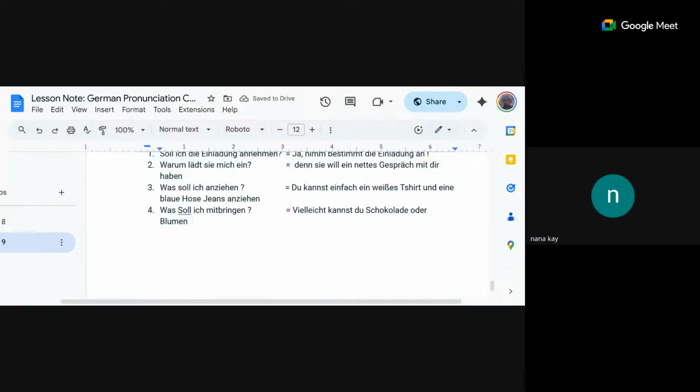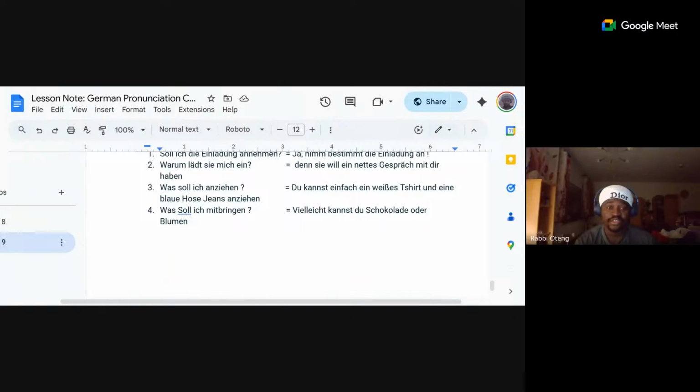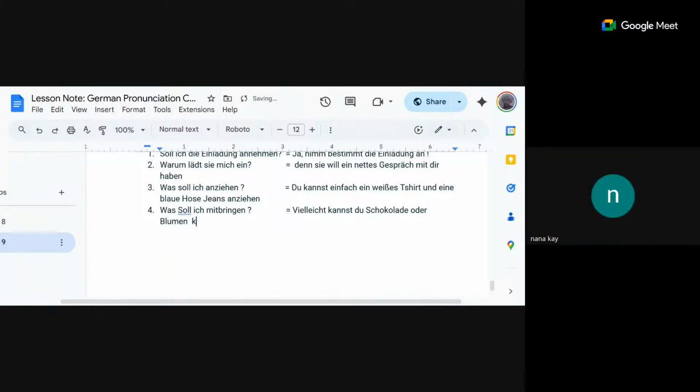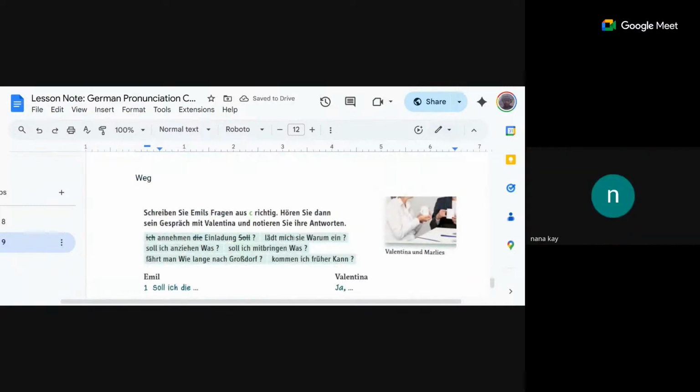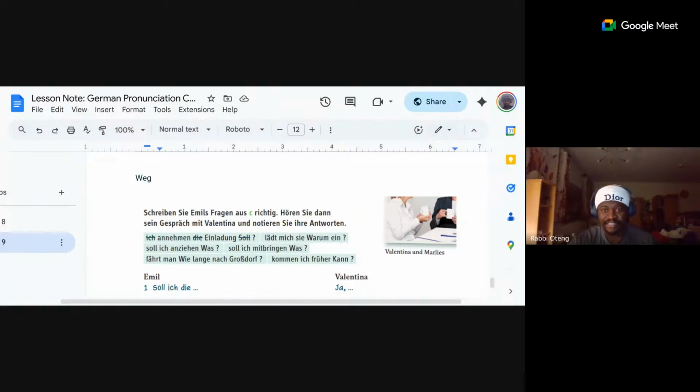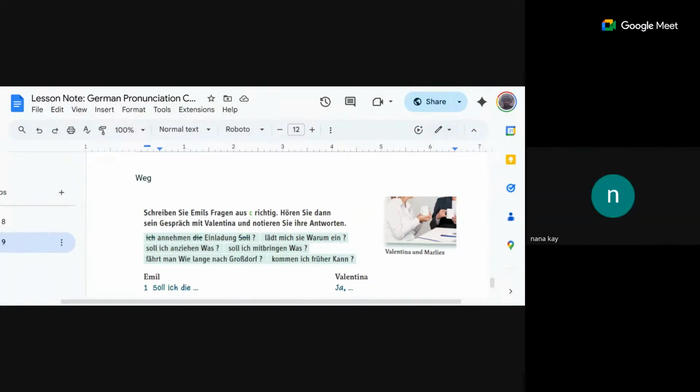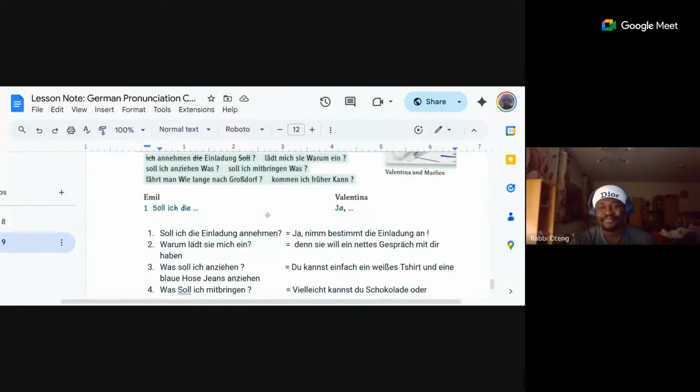Is there another word for cake? Kannst du Kuchen, oder Blumen. Can you replace kaufen with anschaffen? Yeah, but anschaffen means to acquire. We normally use anschaffen when we've bought something precious, normally a land.